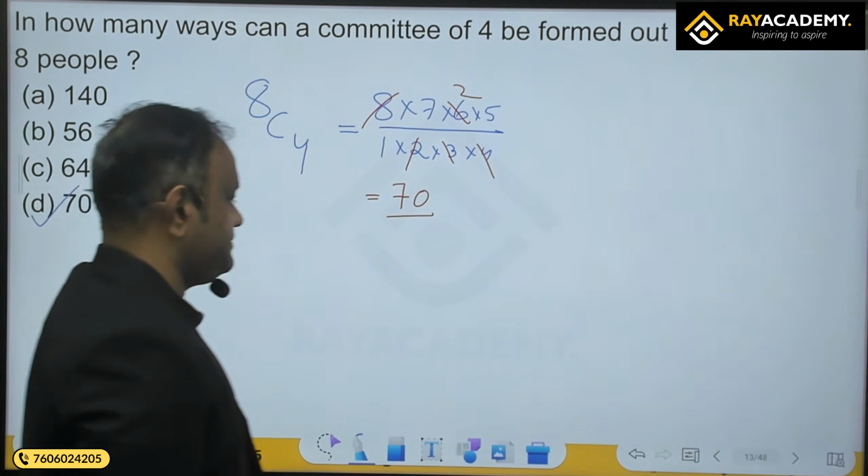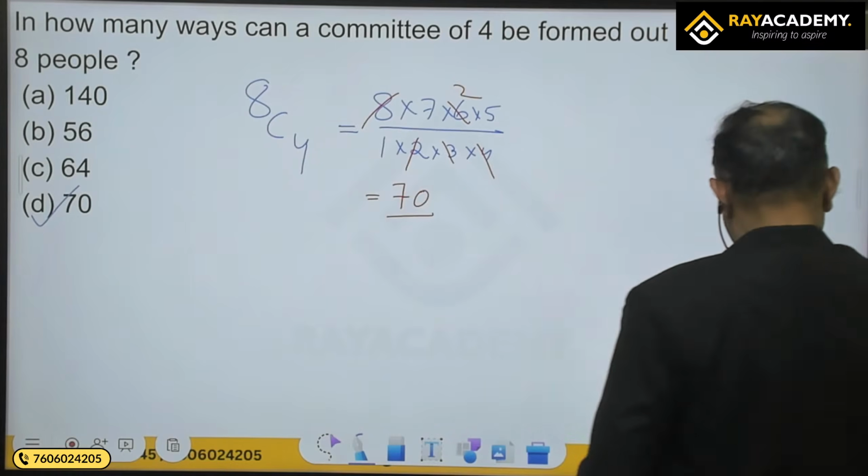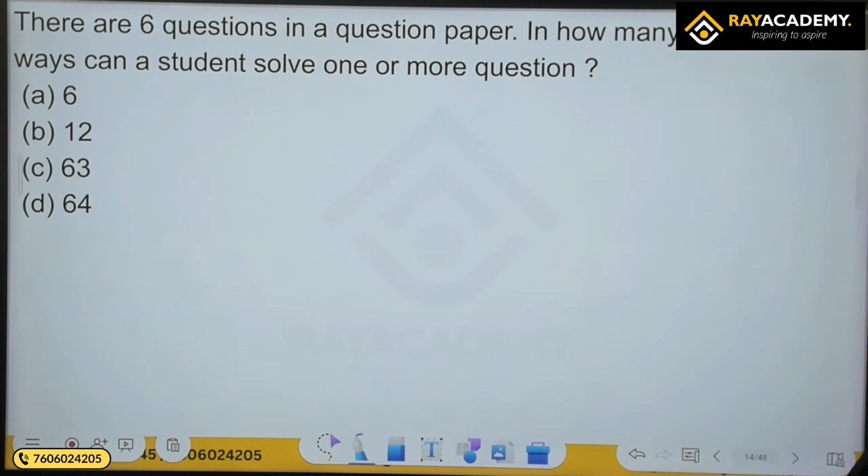Okay. Next question. There are 6 questions in a question paper. In how many ways can a student solve one or more questions? So he can solve one or more questions.